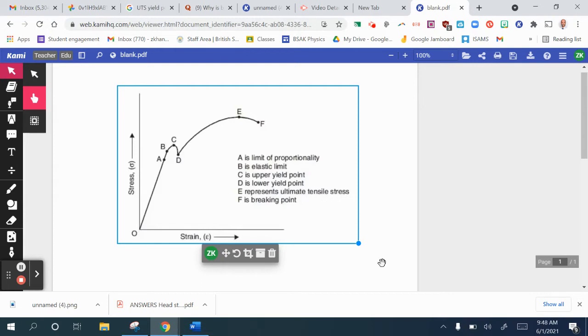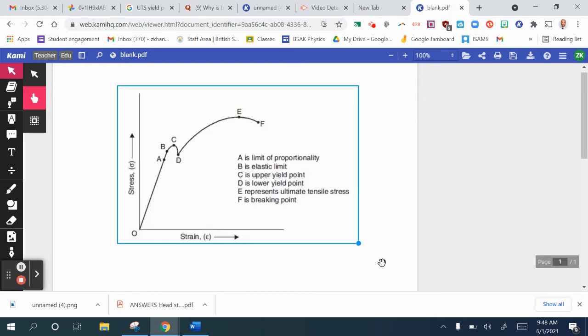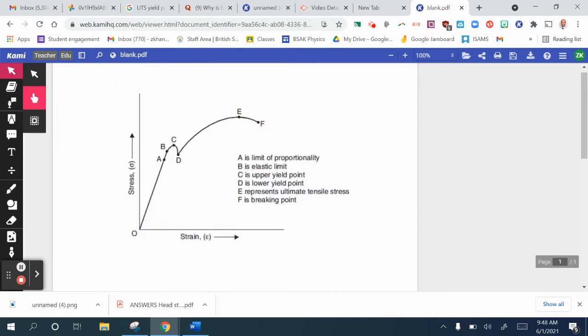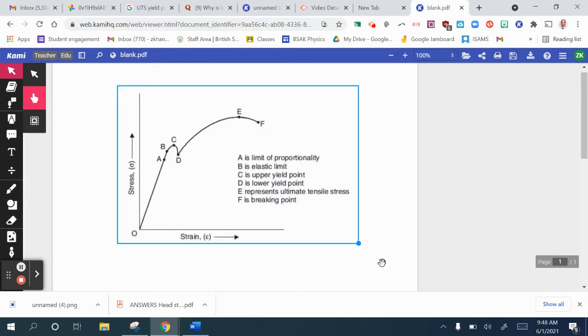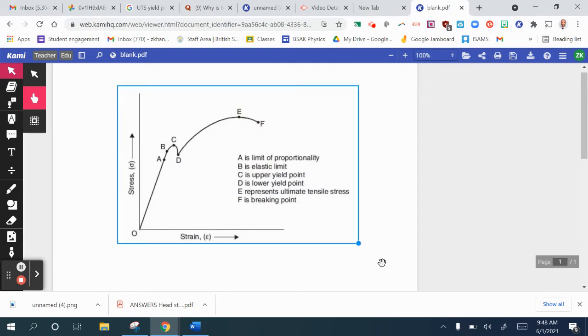The material gets weaker, and that's why less stress is required beyond this point to stretch that material, to strain that material and extend it, because you've permanently changed something within the material that's made it weaker. It doesn't need the same amount of stress anymore, and it will continue to extend.